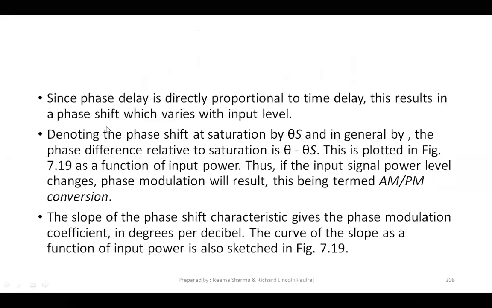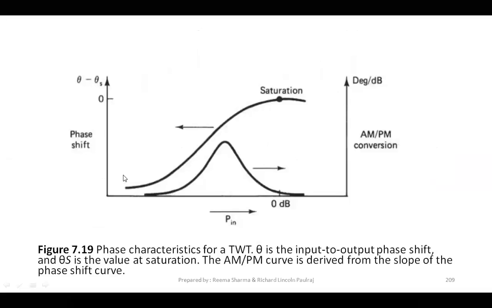Denoting the phase shift at saturation by theta s, and in general the phase difference relative to it, as plotted in the figure. You can see that there is a phase shift at one end and the input power at the other end.